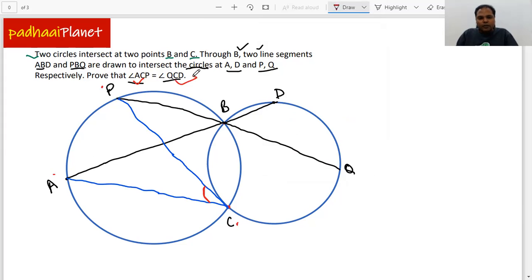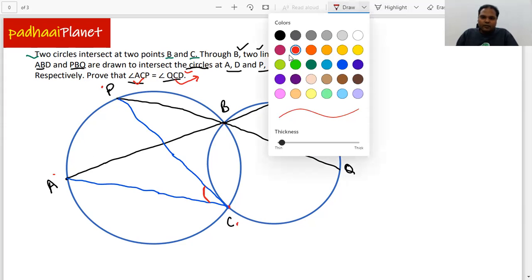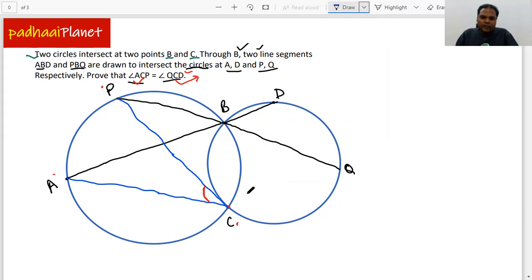Similarly, now we need to figure out where is this angle, angle QCD. So let's again do some construction. We are talking about angle QCD, so let's first connect C with Q and D with C. So here I have connected.